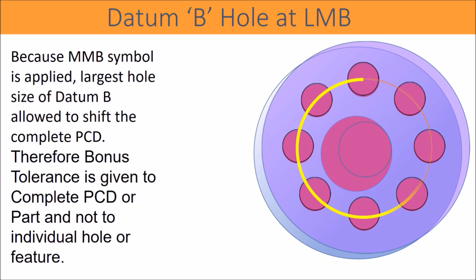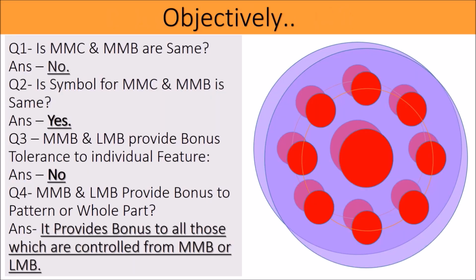This is the explanation of maximum material boundary, which speaks about how we can apply the bonus tolerance to the entire features of the part. So, objectively speaking, let us have certain questions and their answers.